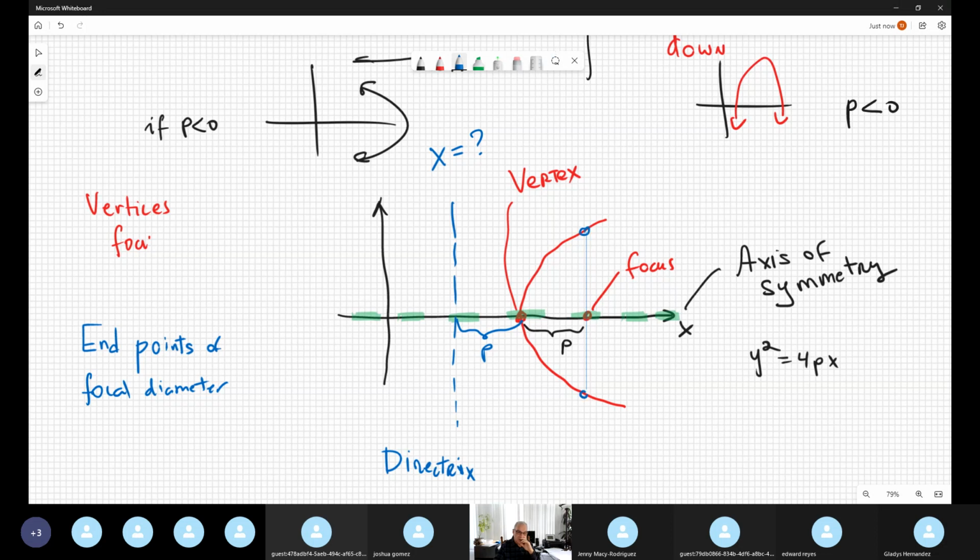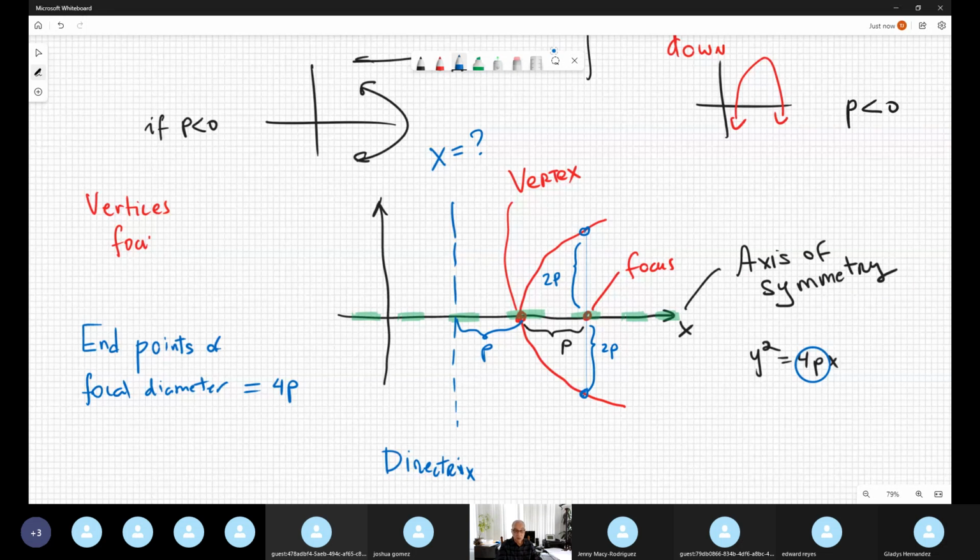These are called the endpoints of the focal diameter. This distance is 2p, and this distance is 2p. Therefore, the entire length of the focal diameter is 4p. This is the reason that when the equation appears, you see 4p.